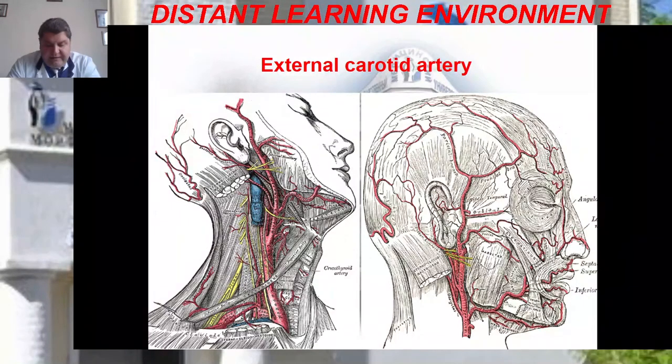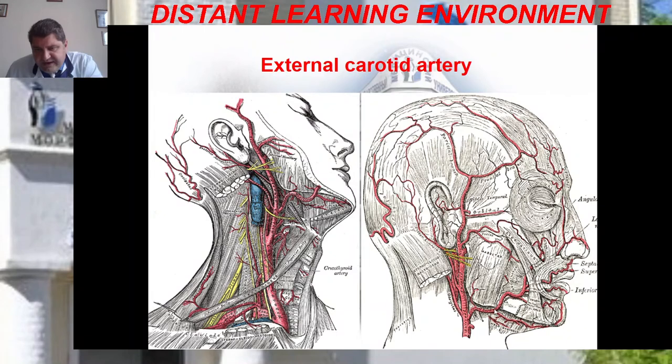So this artery has two parts: the cervical part, and you may see this part situated in the neck region, and next it goes over the mandible, in front of the insertion of the masseter muscle.